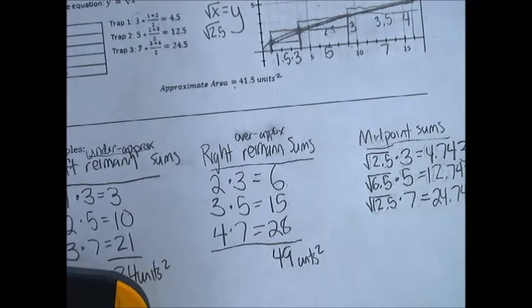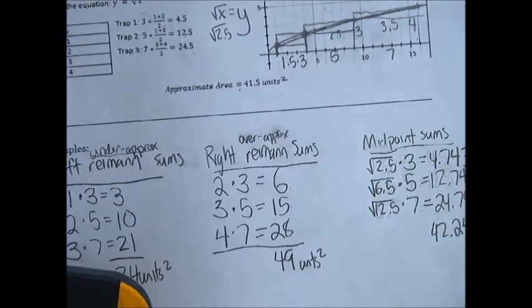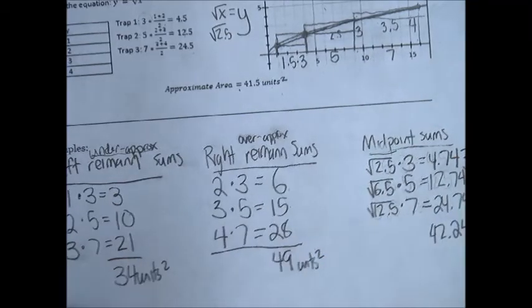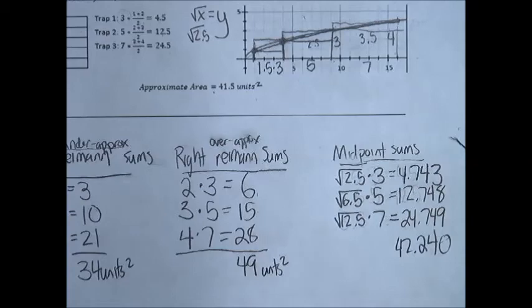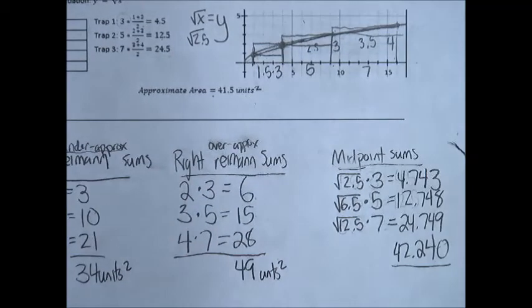We add all these together, and we get 42.240 actually. Cool. 3 decimal places is the general AP thing, so that's what I like to do when I do these examples. Okay, so time to see which one of these is the best approximation.